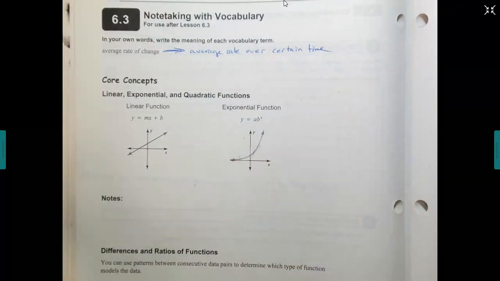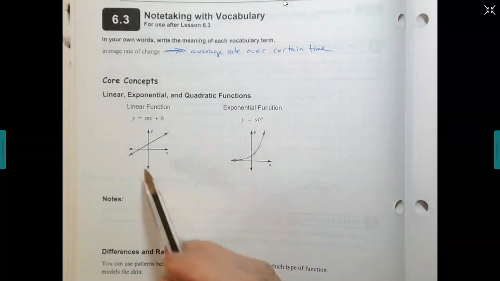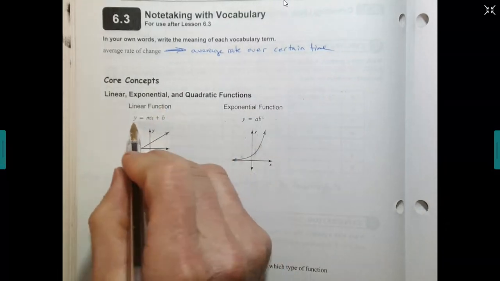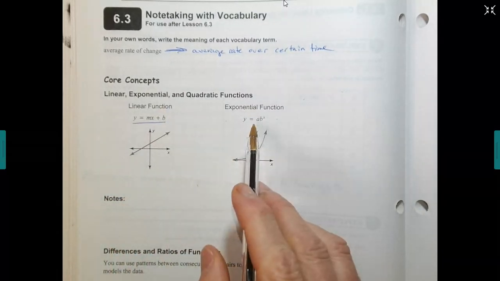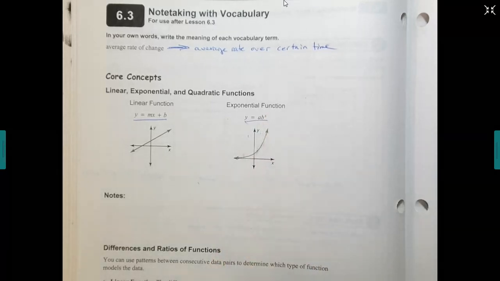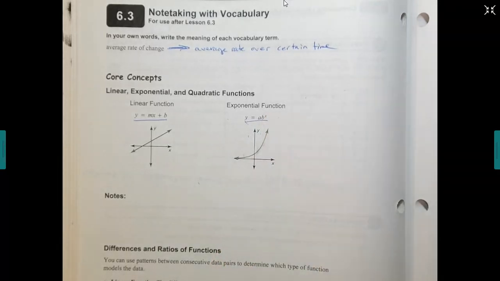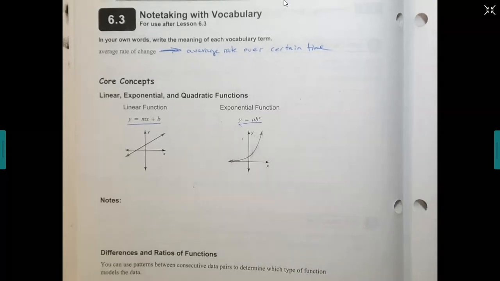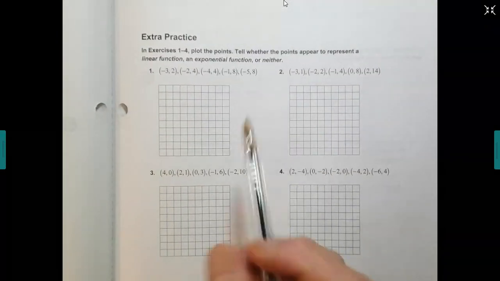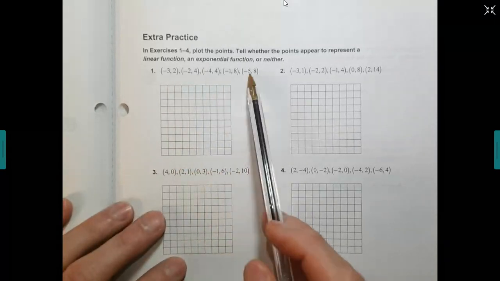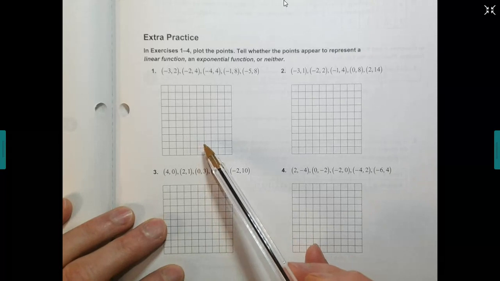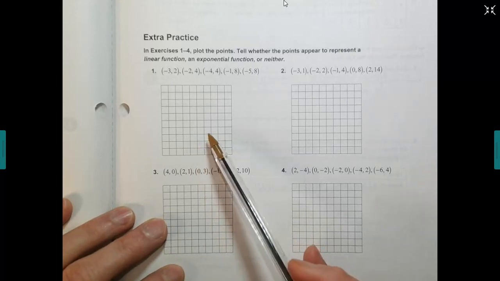All right. So here we have a linear function, y equals mx plus b. And here we have an exponential function, y equals ab to the exponent x. All right, well, let's get into our homework. For here, you're supposed to chart these and then tell whether it's an exponential function, a linear function, or neither.